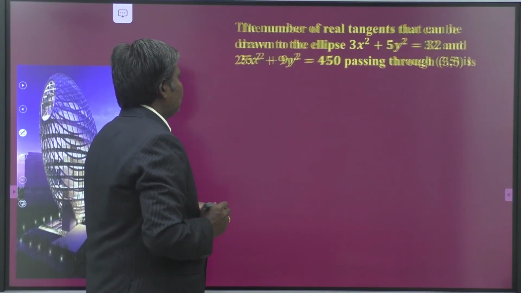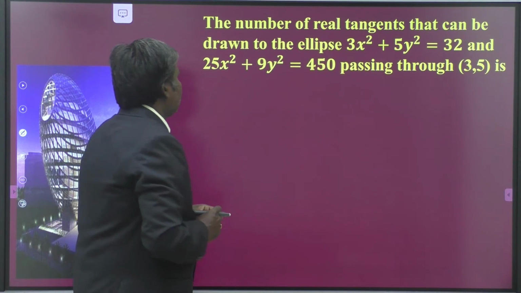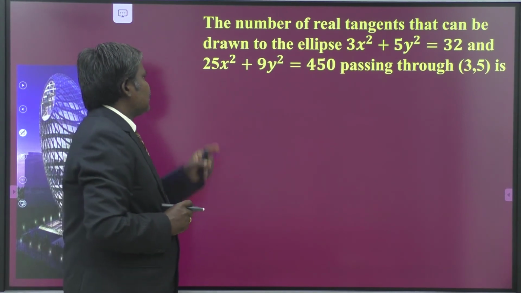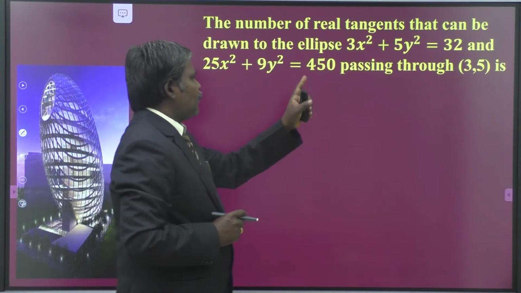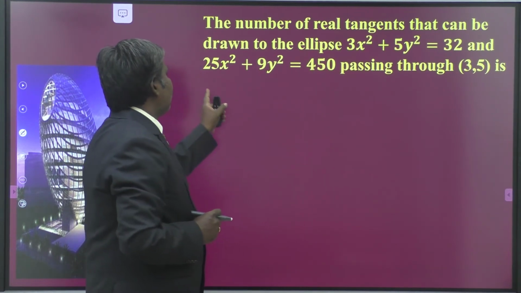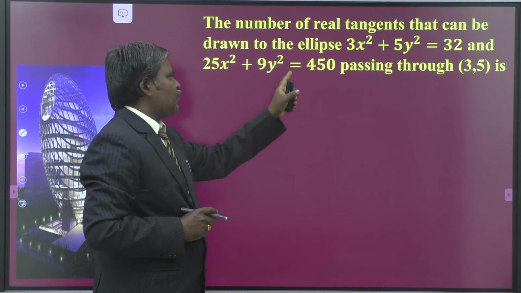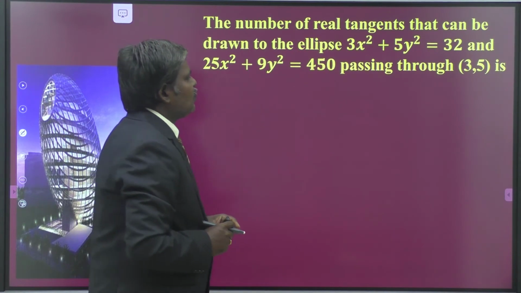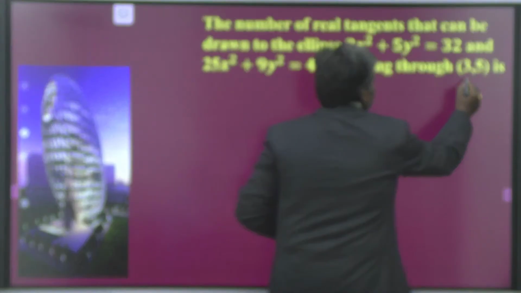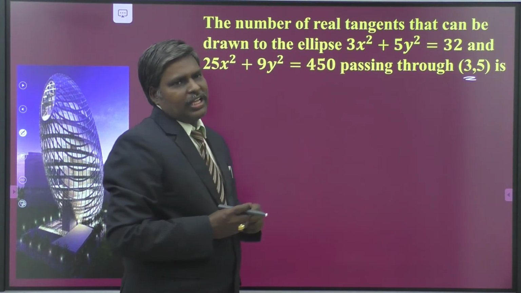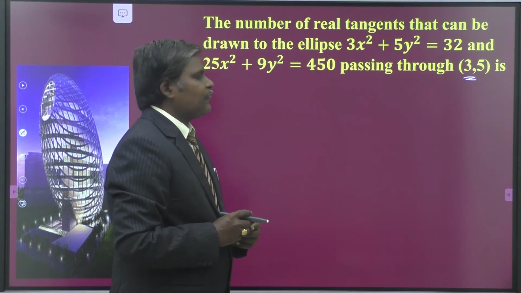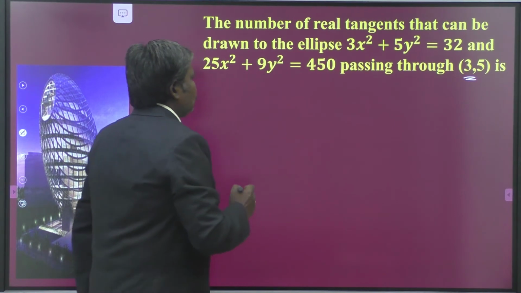Next one. This is the question. The number of real tangents that can be drawn to the ellipse 3x square plus 5y square equal to 32 and 25x square plus 9y square equal to 450 passing through the point 3, 5. So the number of real tangents that can be drawn to both ellipses from that point 3, 5 are how many? This is the question.